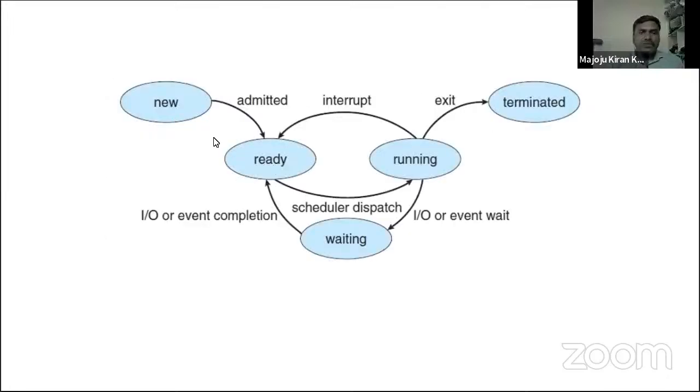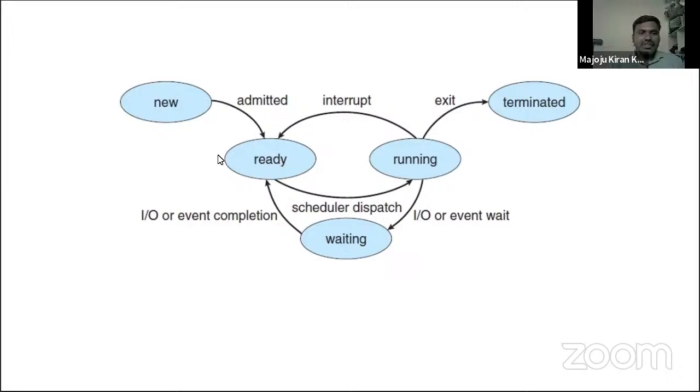So first the process enters the new state when the process is created. As soon as the process is created, it doesn't really mean that it executes. First, it has to enter into the ready state, where all the processes must be waiting in the wait queue, that is nothing but the job queue here.